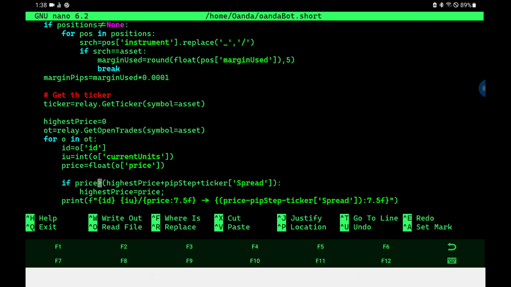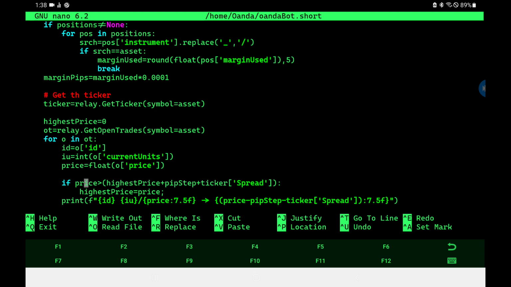And since the pip spread is never 0, we can always guarantee that within 1.5 to 2 pips is going to be the spread. So the price distance is going to be a minimum of 6.5 to 7 pips from the current price.